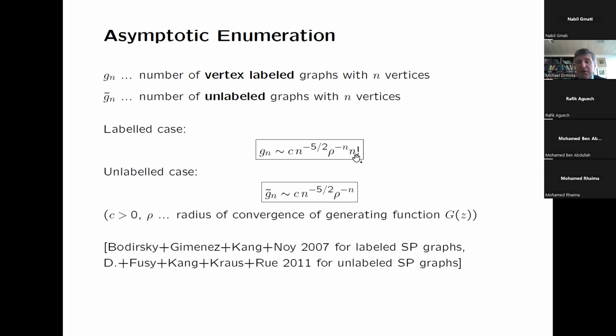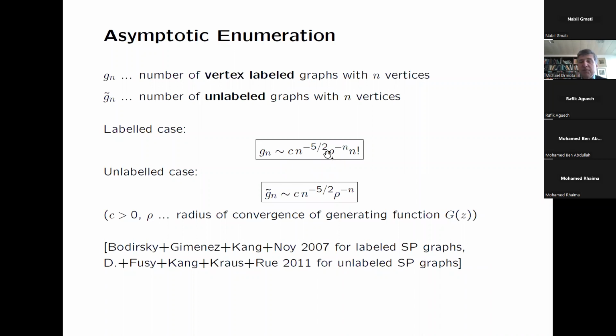So the n factorial clearly comes from the labels, because if you have an unlabeled graph without symmetries, then you have precisely n factorial ways of labeling the vertices. So you have to have this factor here. The exponential growth rate is also quite expected, but what is really nice in this formula is that this sub-exponential factor, n to the minus 5 over 2, is always the same.